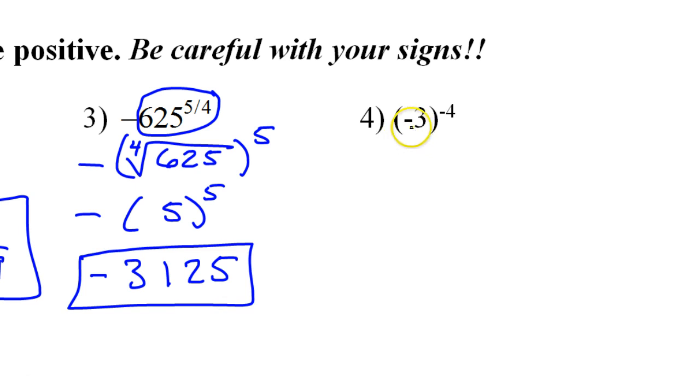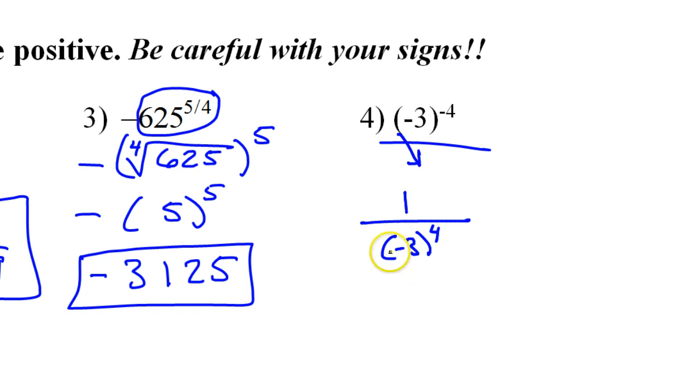Okay, this time the negative is in parentheses, so watch out for that. When you have a negative power, that drops you down to the other side of this invisible fraction. So that's going to give us 1 over negative 3 to the fourth power.